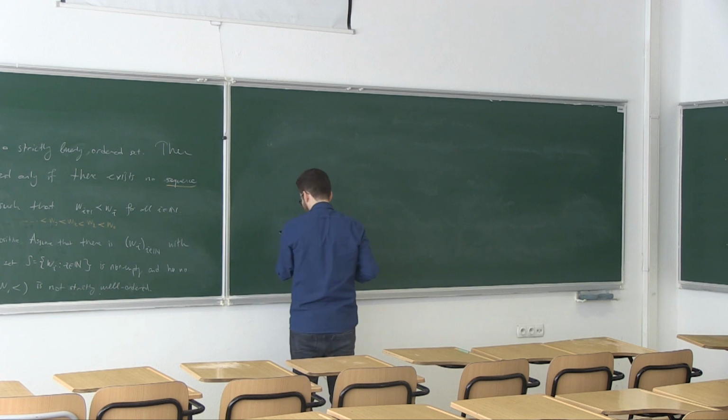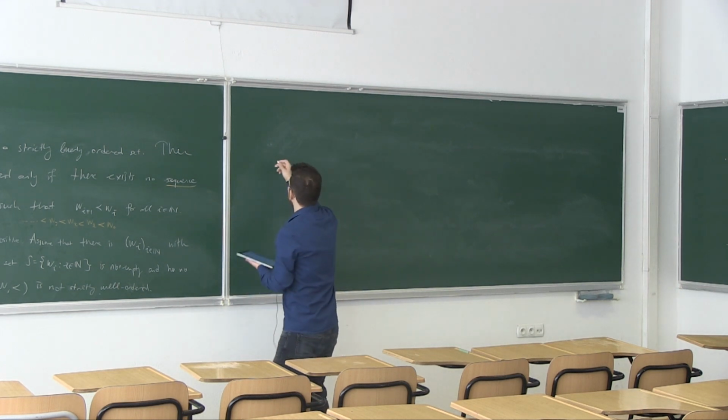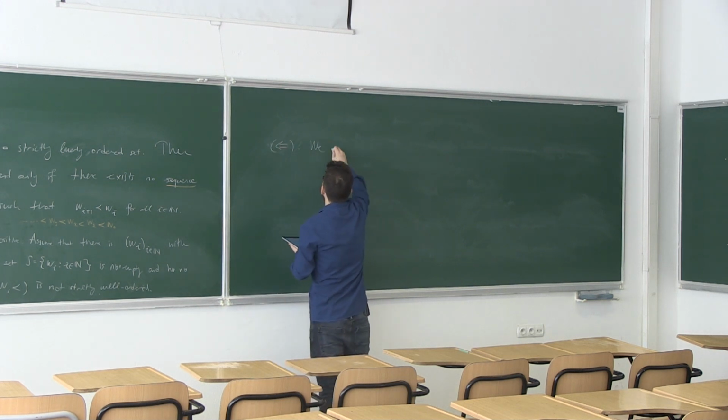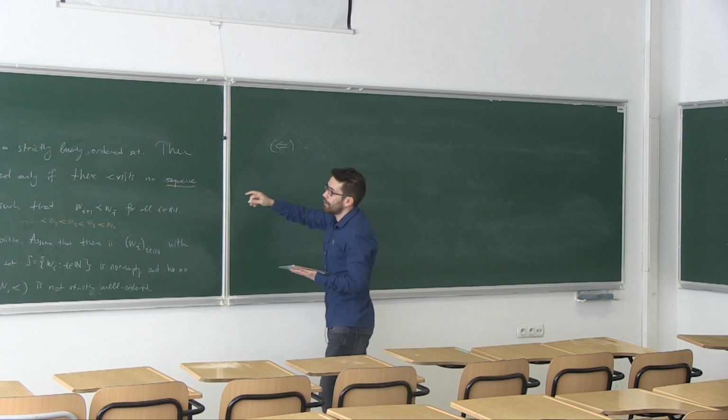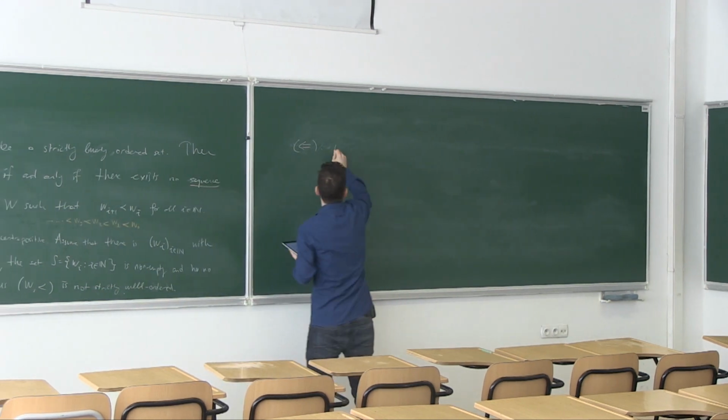Okay. Now, this is that direction. Now let's go in the other direction. I'm going to prove the contrapositive again. I want to prove that if this holds, then it's strictly well ordered. Assume it's not strictly well ordered.